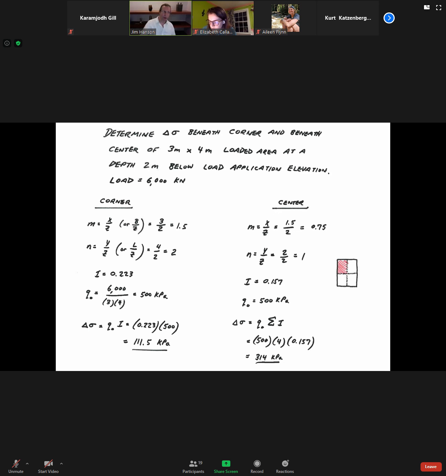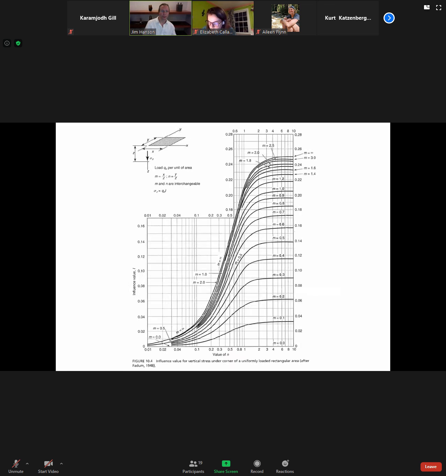The very corner of the foundation, looking down in plan view. So if we go back here, it would be this point right here. Any one of these 4. Okay, any one of the 4 corners. They'd all be the same, as it turns out, due to symmetry. But you'd be picking one of these.